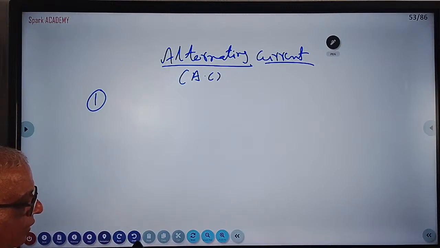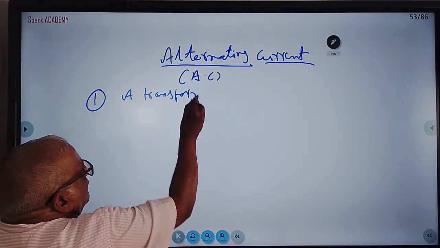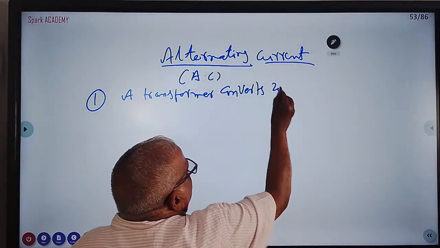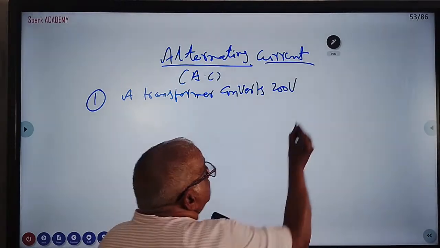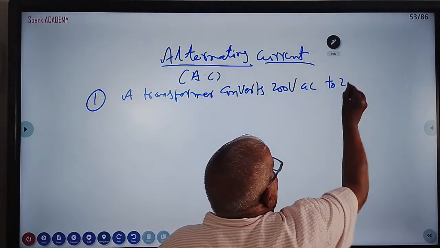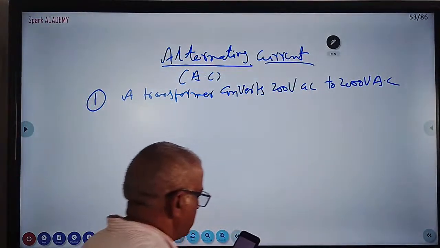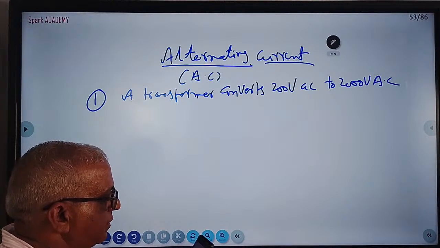A transformer converts 200 volts AC to 2000 volts AC.